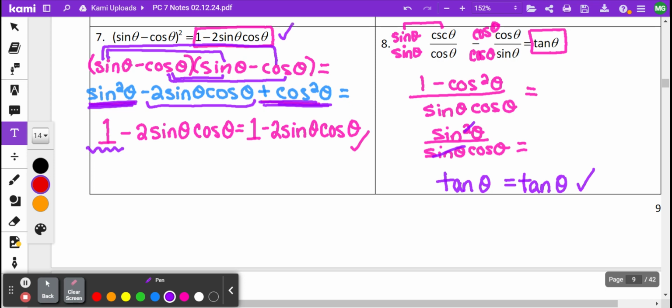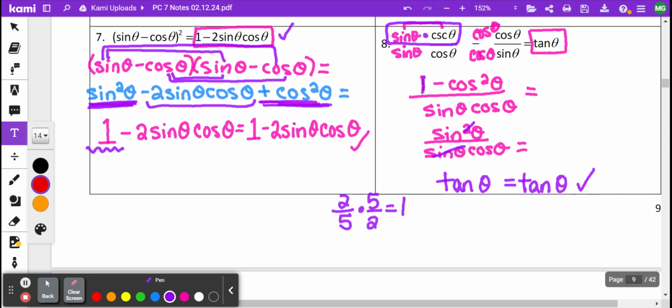On number 8, we were multiplying the left fraction by sine over sine. And hopefully you recognized that sine of theta times cosecant of theta, those are reciprocal functions. So when you multiply them, they equal 1. It's just like multiplying 2/5 and its reciprocal 5 over 2, you get 1.